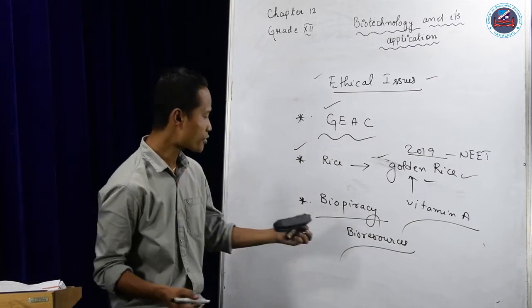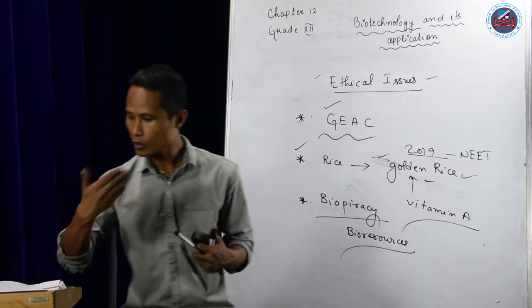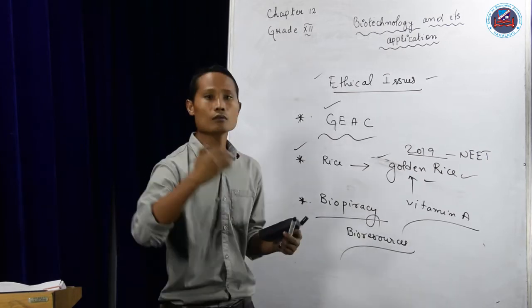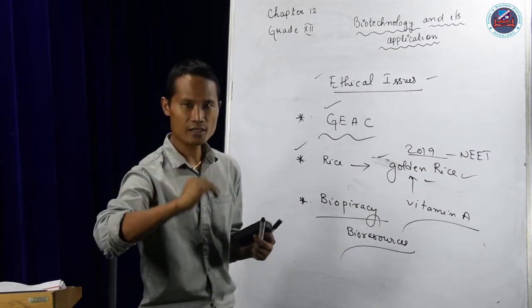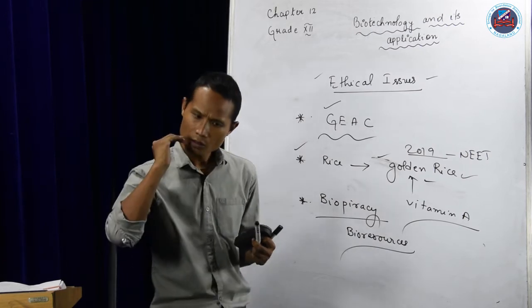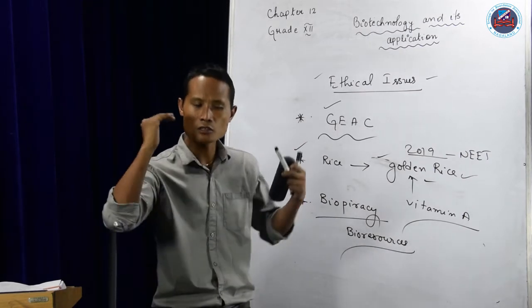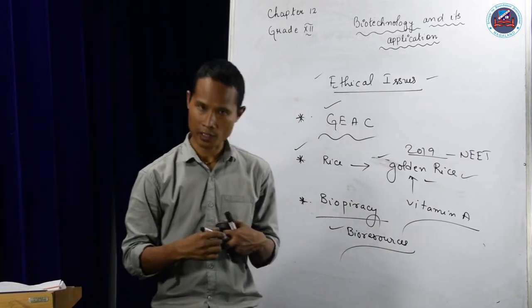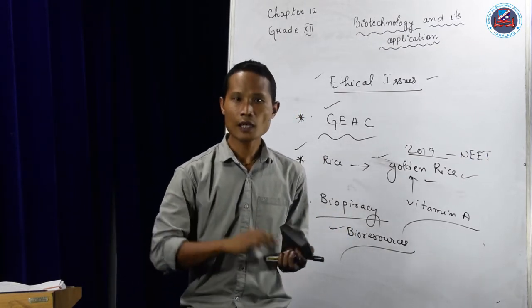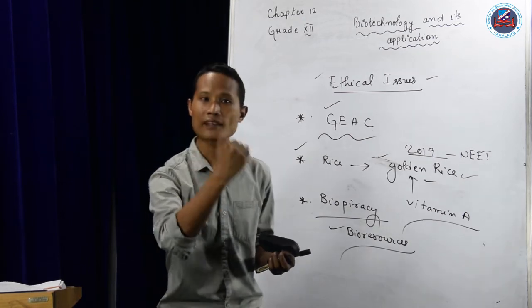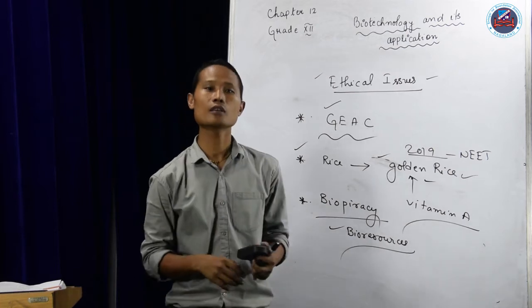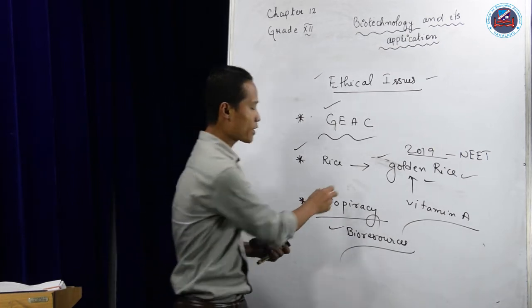And these bioresources, okay, if they are used by the industries, or by the organizations or multinational companies, and they produce products with the help of traditional methods from the poor nations, that is called biopiracy.